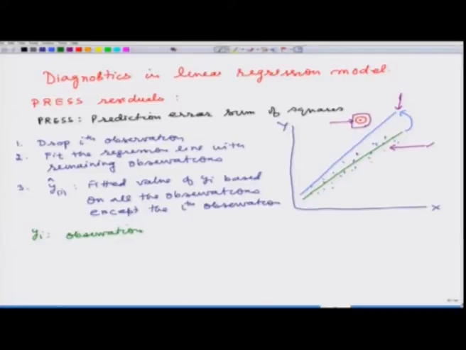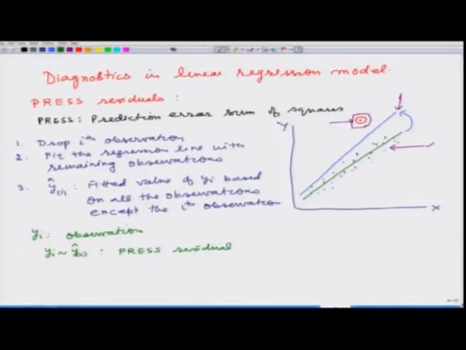Now, if I find the difference between y_i and y hat (i), this gives us a sort of residual which compares the two values of y: when this unusual observation was added in the model and when it is not included in the model. This is called the PRESS residual.